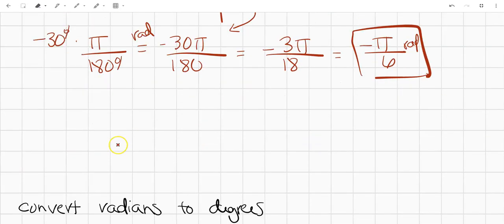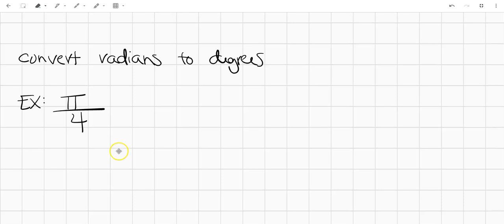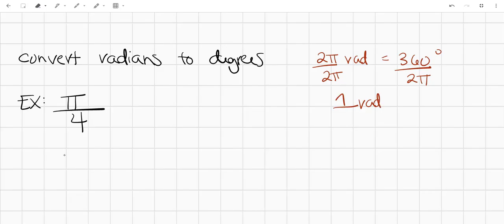Okay, so how do we convert radians to degrees? Again, starting with what we know, that 2 pi radians is equal to 360 degrees, and we want to get radians by itself. So I'm going to go ahead and divide by 2 pi on both sides. 2 pi over 2 pi is 1 radian, and I'm left with 360 over 2 pi, which simplifies to 180 over pi degrees.